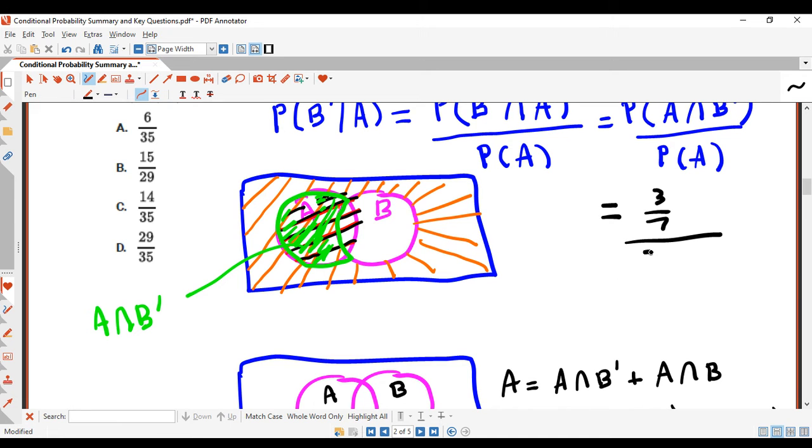So we have 3/7 plus 2/5. And that should simplify to 15 on 29. Put that into your calculator, should get 15 on 29. Okay, so that's question 3 done.